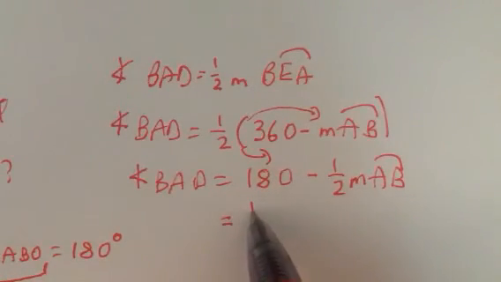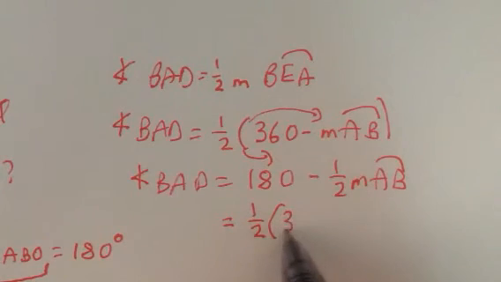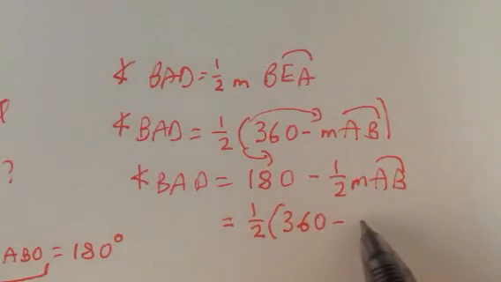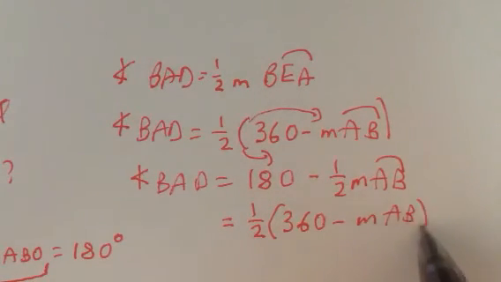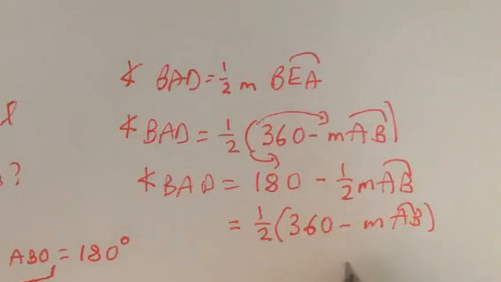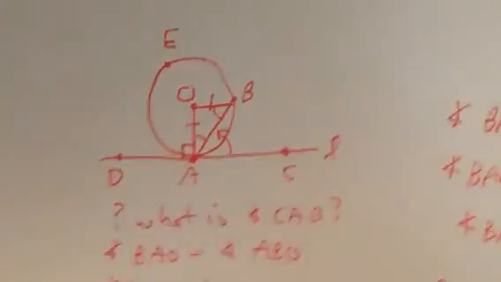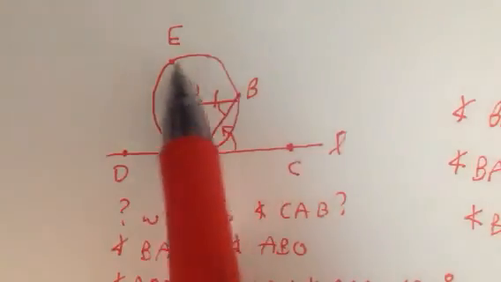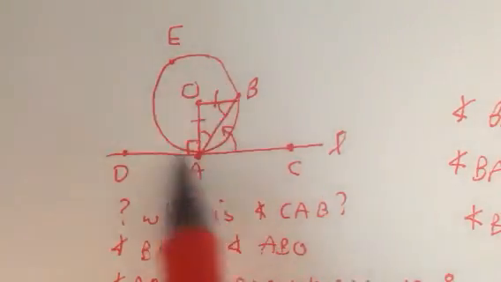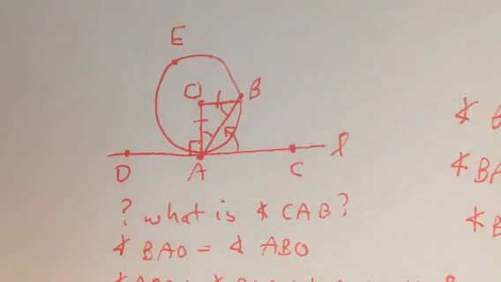But this on the right happens to be the same as 1/2 times 360 minus measure of arc AB, which is what we had above, which is what we set out to prove. We needed to prove that the BAD is going to be 1/2 of this arc, and that's basically what we have shown.